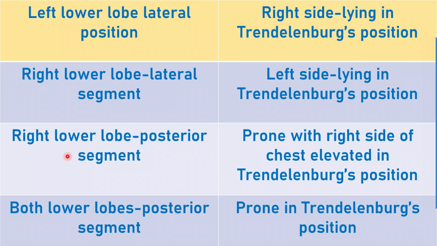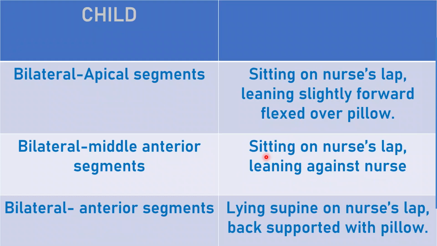To drain the right lower lobe posterior segment, you can place the client in prone with right side of the chest elevated in Trendelenburg's position. If you are draining for both lower lobes posterior segment, you can place the client in prone in Trendelenburg's position.